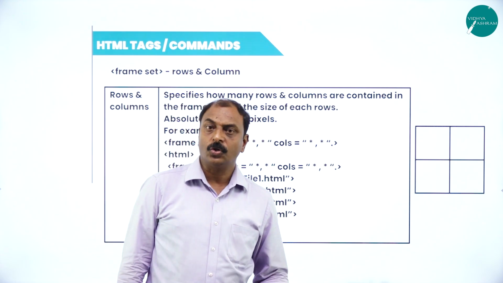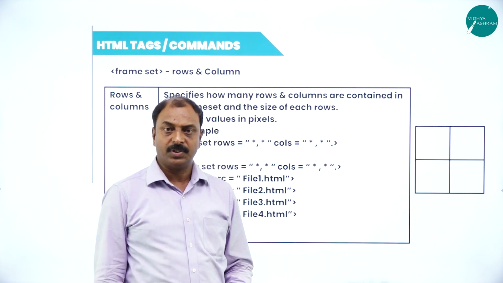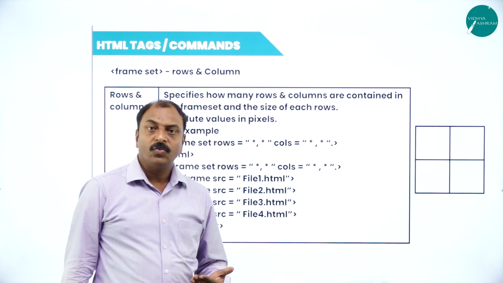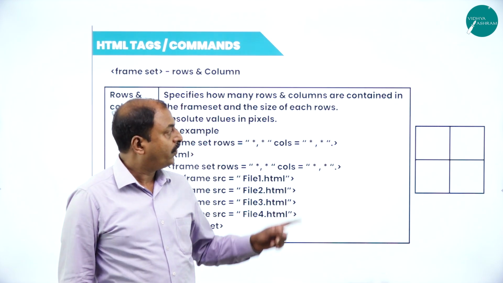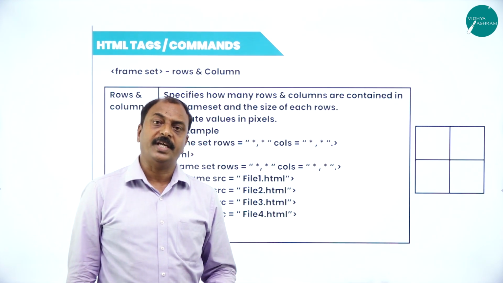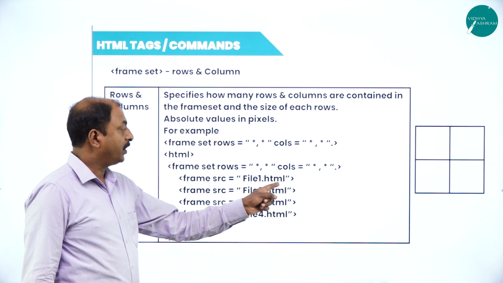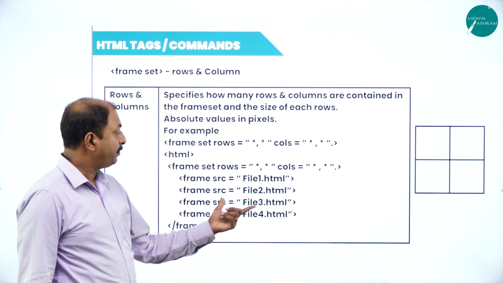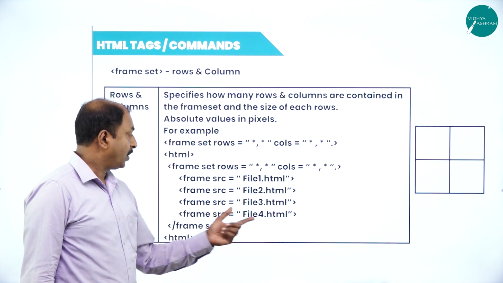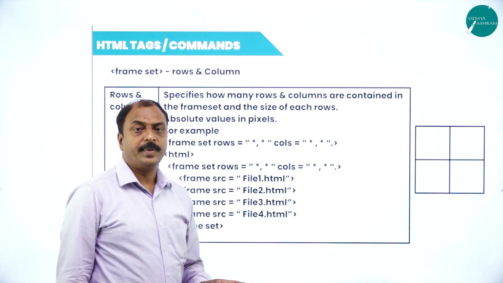we are supposed to load 4 individual programs, or write 4 independent programs, one for each section or each frame. Accordingly, we are writing here file1.html, one independent program, second, third, fourth. All these are 4 independent programs.